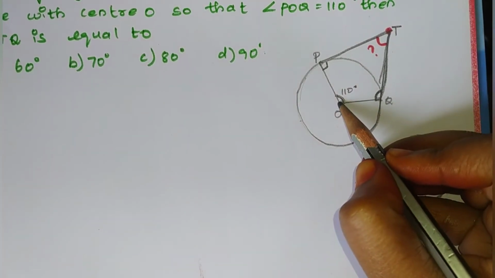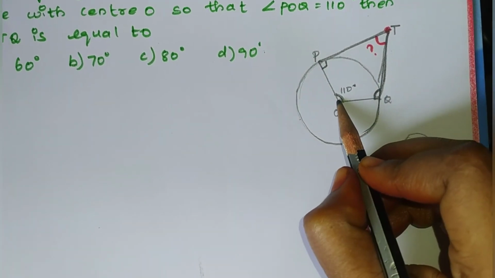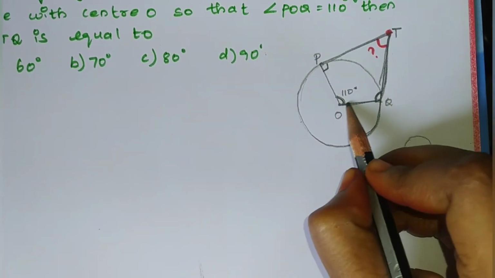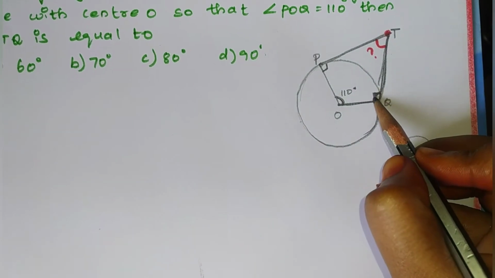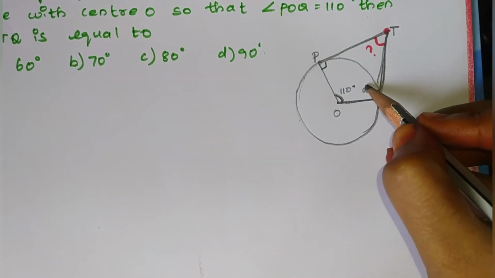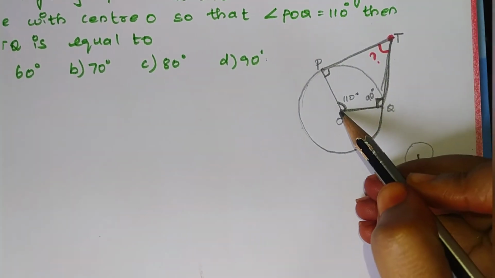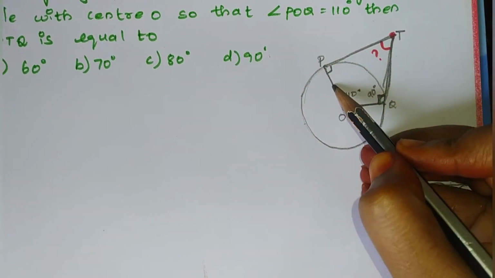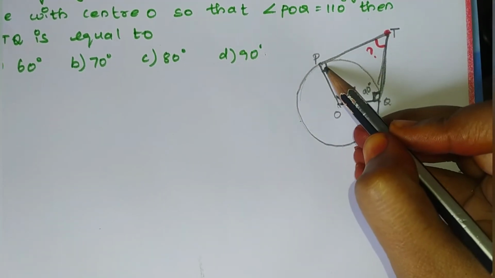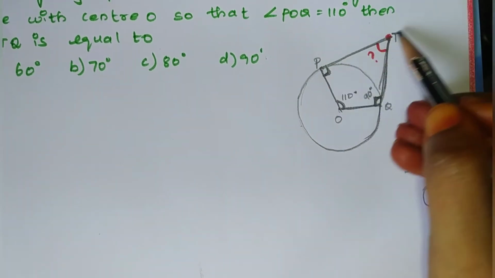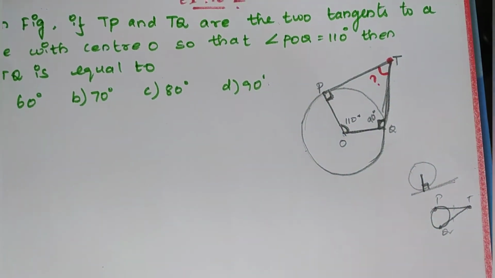If you join the center to the point of contact, it will make 90 degree. Very good. From the center to the point of contact, it will make 90 degree to the tangent.